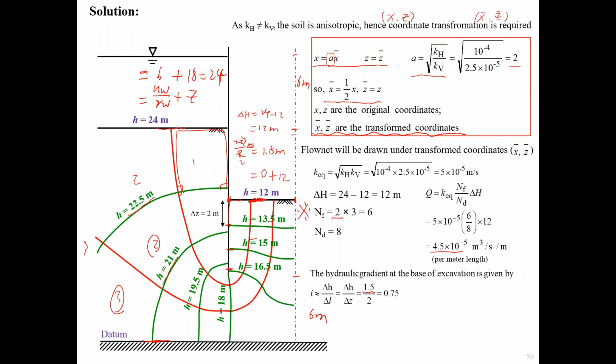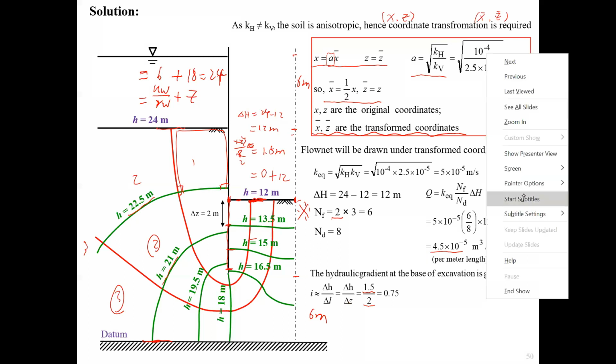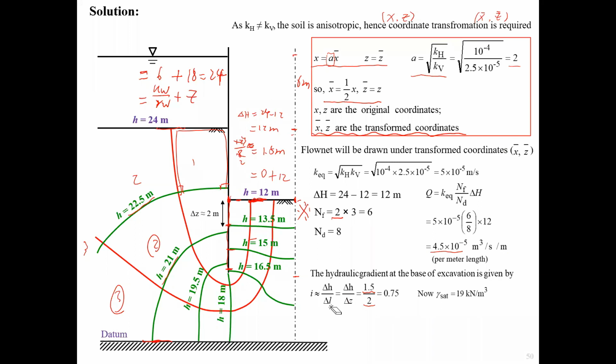Previously I labeled it as 6 meters. So 1/3 is roughly 2 meters. So we know the gradient by now. That's 0.75. And because the saturated unit weight is given, we are able to calculate ic easily. So the value will be 0.937.